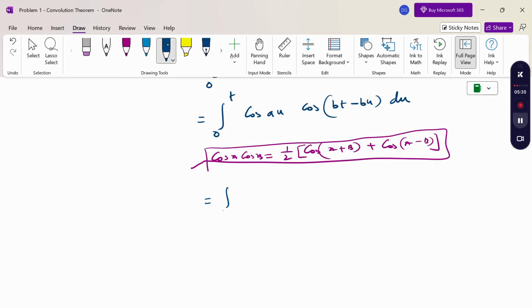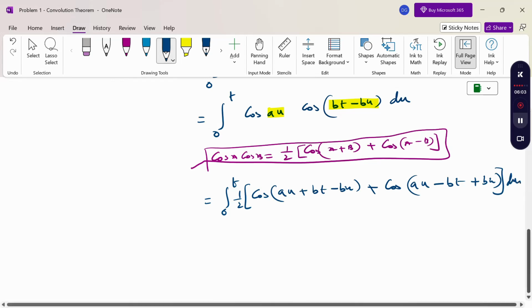Therefore, integral 0 to t, this is cos a, the whole term cos b. Therefore, cos a cos b is 1 by 2 [cos(a+b)...], a plus b means au plus bt minus bu, plus cos a minus b, au minus bt plus bu, into du.